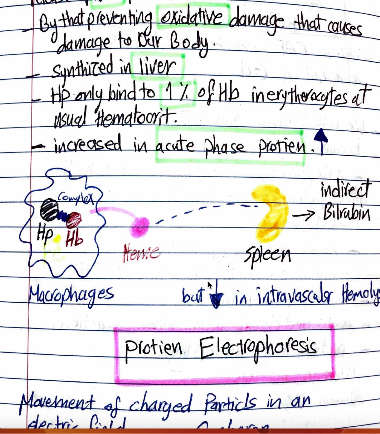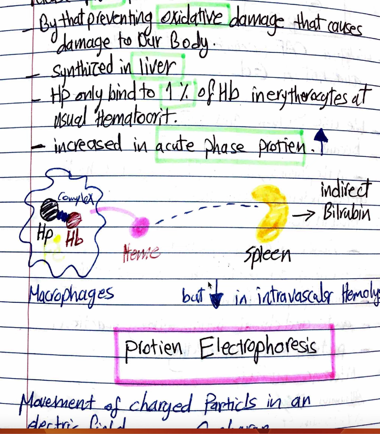Okay, it's a specific protein that binds to the free hemoglobin, not any protein leads to these conditions. Free hemoglobin increases, so that leads to decreased haptoglobin because they are bound together. Haptoglobin is synthesized in the liver, and the normal level will be 30 to 200 milligrams per deciliter.